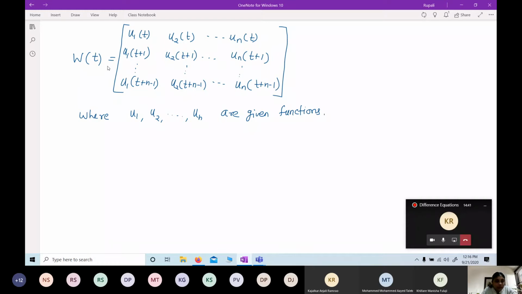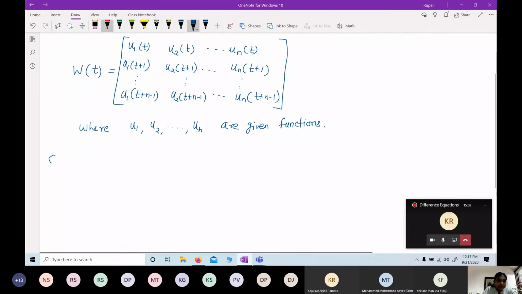And the determinant of this matrix W(t) is called the Casoratian, like the Wronskian.